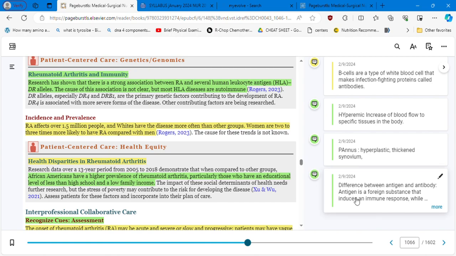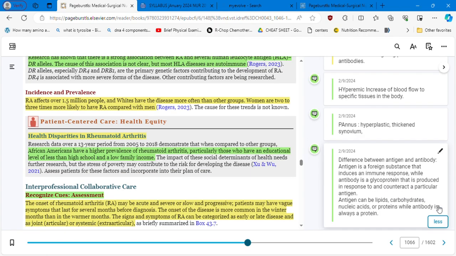The difference is that an antigen is a foreign substance that induces an immune response, while an antibody is a glycoprotein that is produced in response to counteract a particular antigen. So the antigen is coming from outside, and the antibody is produced in the body in order to protect the body from the antigen.